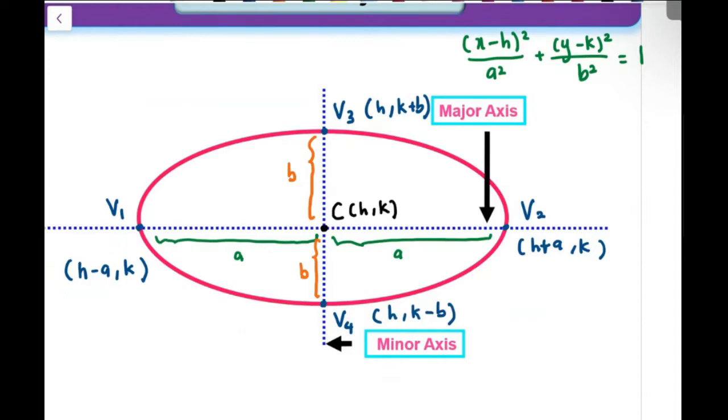Now we already have 5 main points. Another 2 points, because I said we have 7 main points: we have to label the foci. Foci always lie on the major axis.